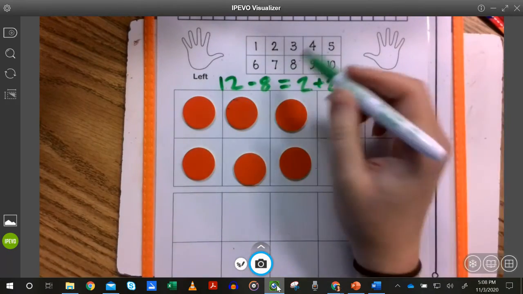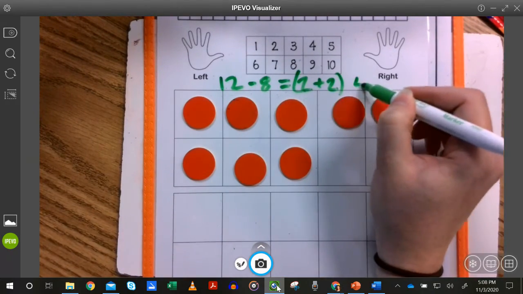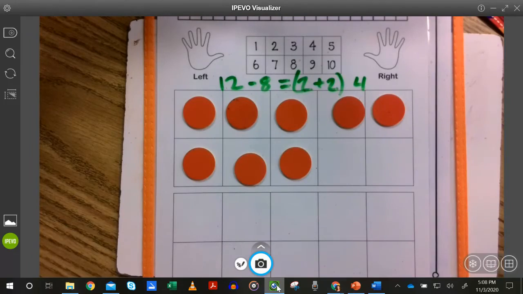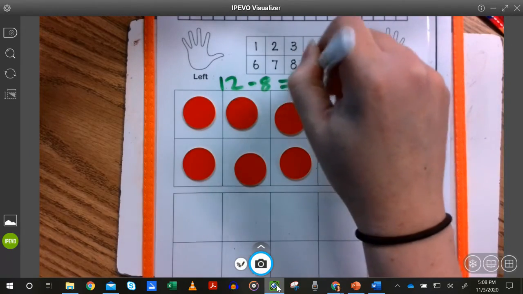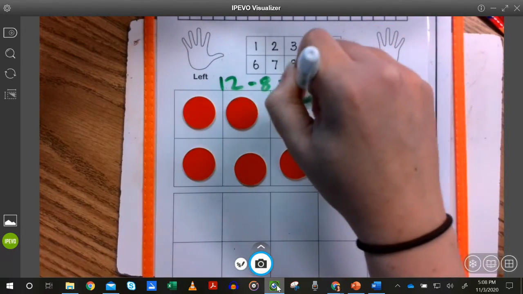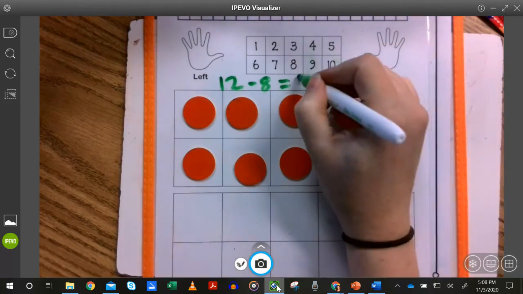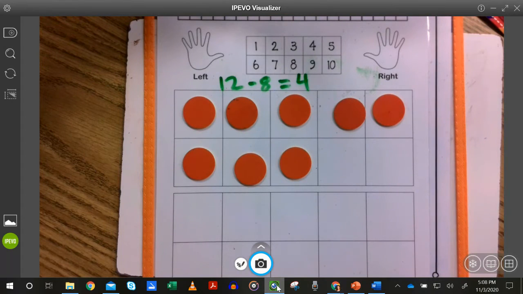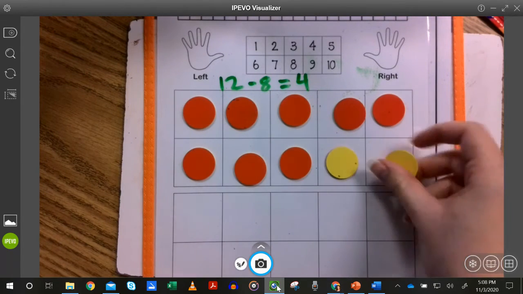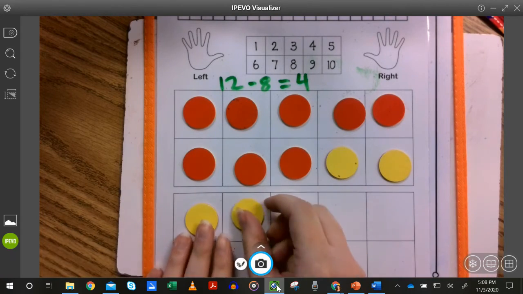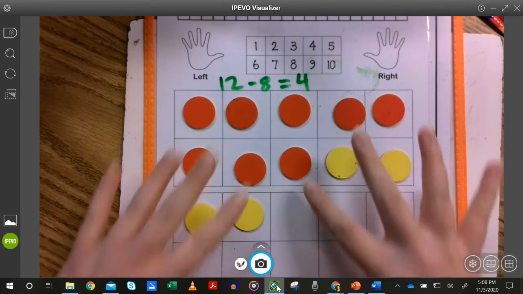Well, what's 2 plus 2? 4. So it should be that 12 minus 8 equals 4. Let's see if that's true. There's 12.